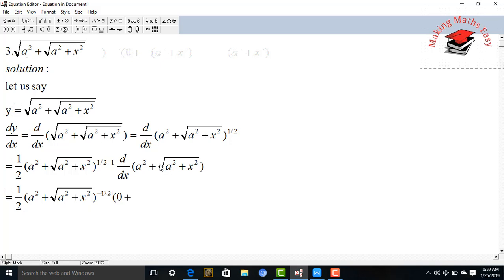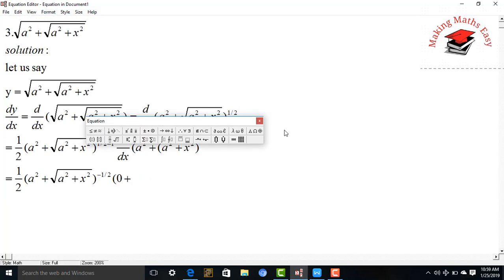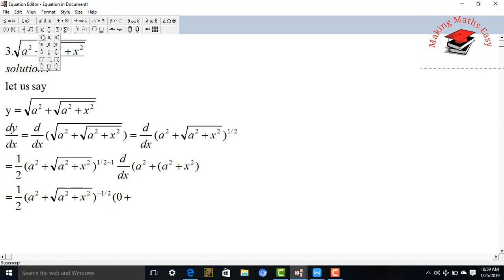I can also write it as a square plus x square raised to 1 by 2, because it is a power function.